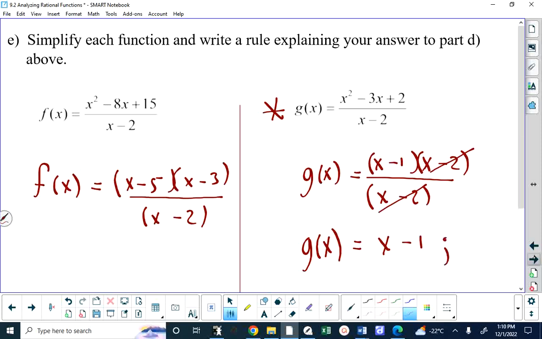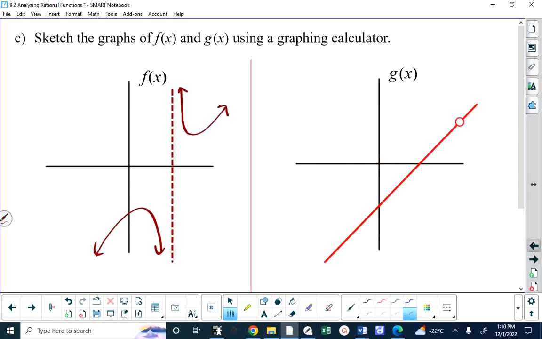The bottom line is if you have a non-permissible value of the function, no matter how you rewrite it, that non-permissible value is tattooed to the function. It stays with the function everywhere. So this is x is not equal to 2. Well, guess what y equals x minus 1 looks like? It looks like that line.